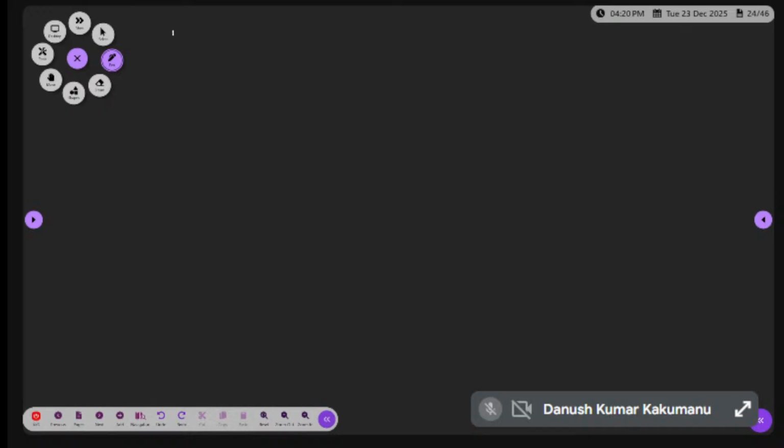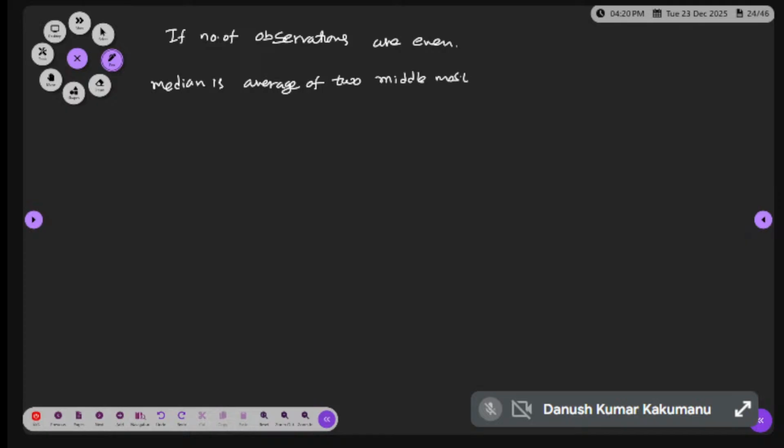If the number of observations are even, the median is the average of the two middlemost observations.